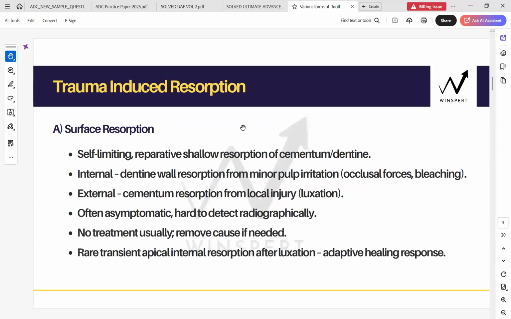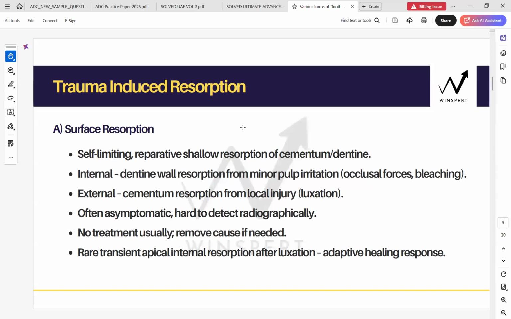So for the trauma-induced resorption, the first kind is the surface resorption, right? It is, as the name suggests, only on the surface and a very shallow resorption, and most of the times it is self-limiting. And it is slightly resorption of cementum or dentine, which can result from minor trauma.